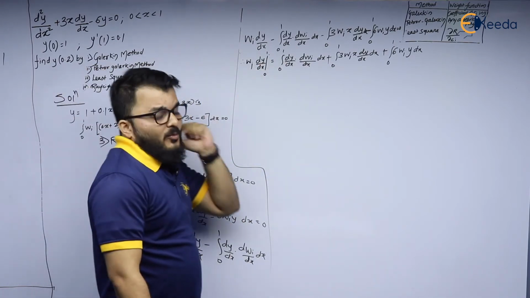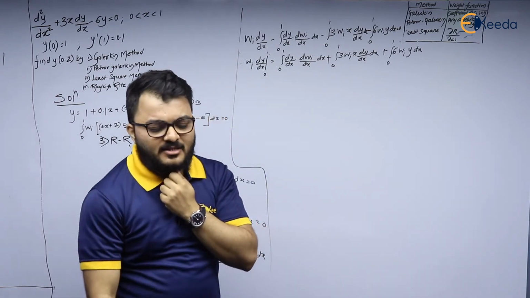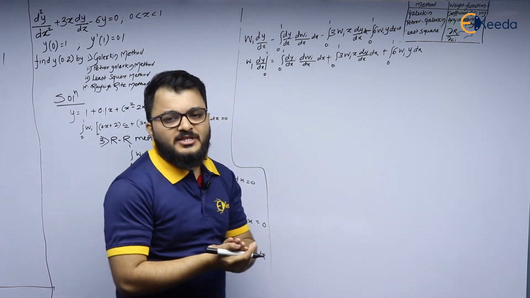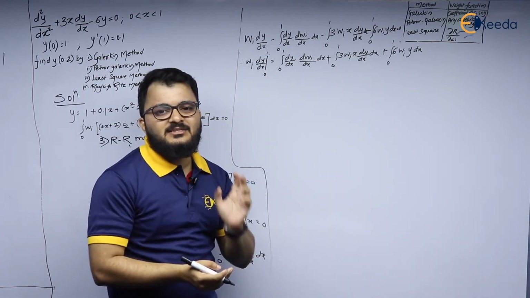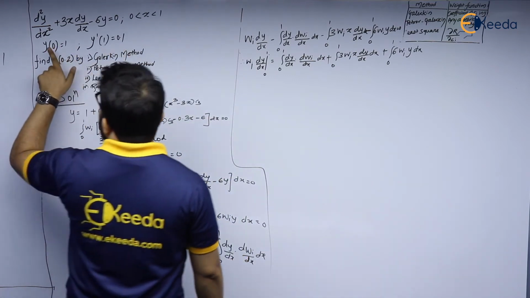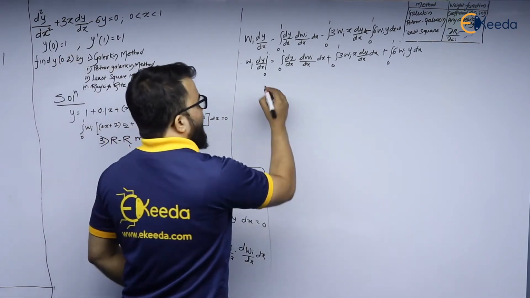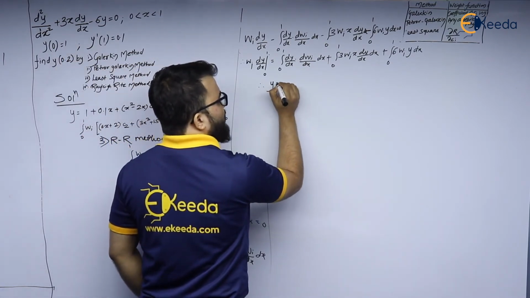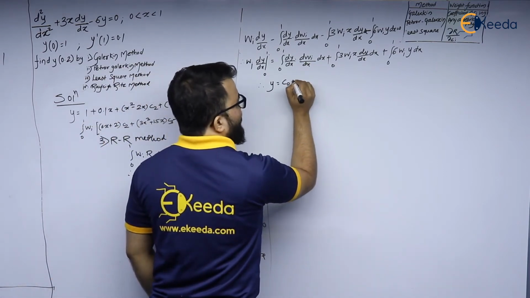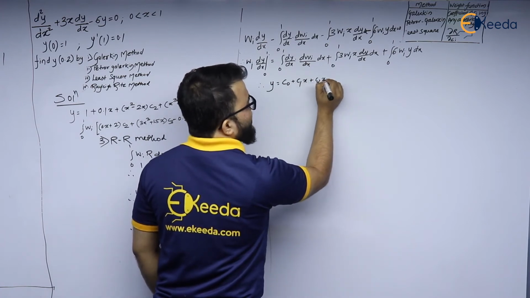Now recall this Rayleigh's method. For solving Rayleigh's method, our approximate solution totally depends on our essential boundary conditions. In this sum, the number of essential boundary conditions is only one. So my approximate solution for this method will be y equals c0 plus c1x plus c2x square.